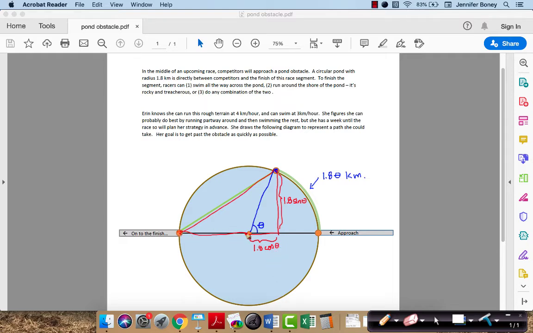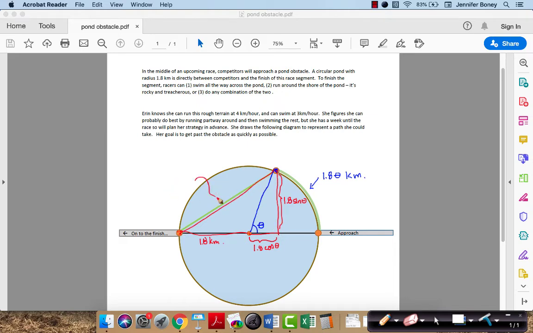And this length, the rest of this bottom side here, well, that's from the center to the edge. So that's the radius, 1.8 kilometers. So although I don't yet have the hypotenuse of this triangle, I have all the ingredients now to find it. a squared plus b squared equals c squared.